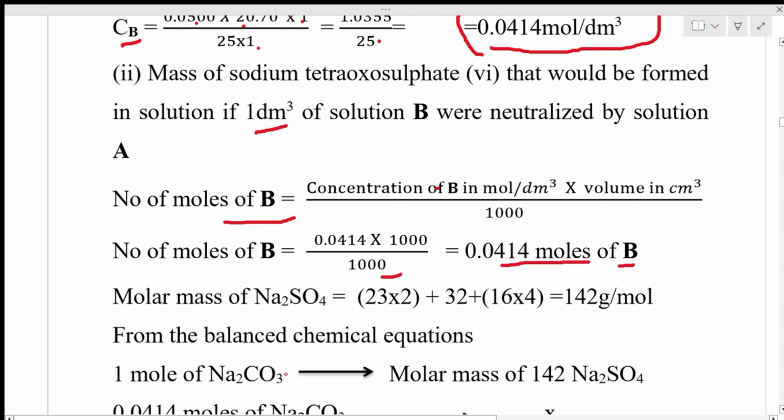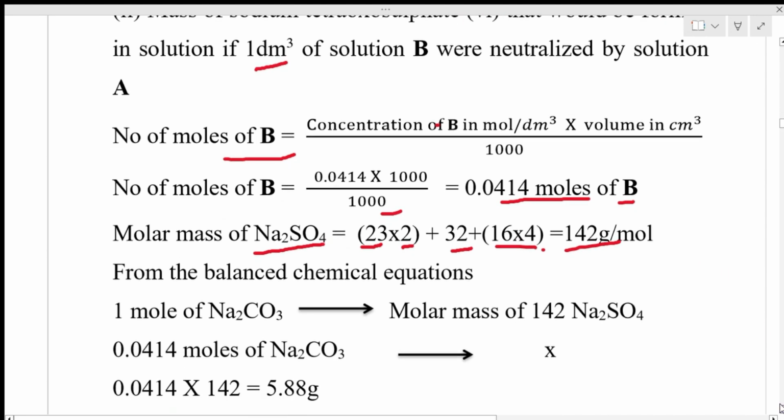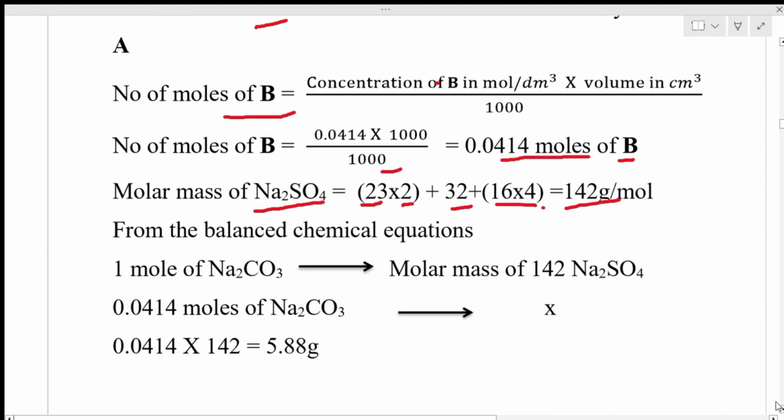So I can go back to my equation now and use it. But I need to calculate the mass of Na2SO4. In calculating that, 23 times 2 is 46, plus 32, plus 16 times 4, so everything gives us 142. Okay, 142. Now, from the balanced equation, 1 mole of Na2CO3 gives 1 mole of Na2SO4, so the mass of this gives us 142 grams.